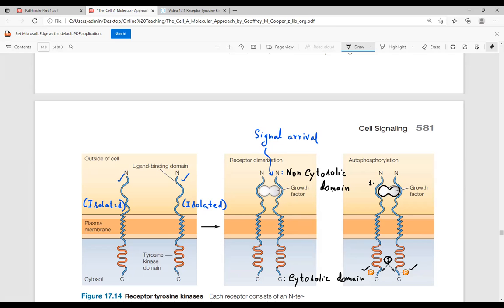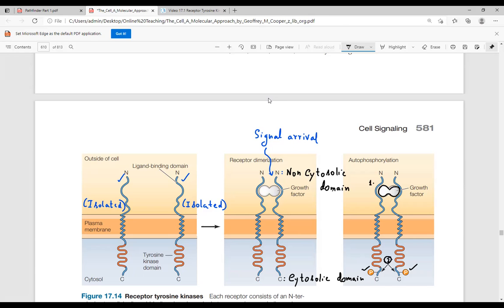This is how receptor tyrosine kinases, or the RTKs, act. Now, what are the effects which are produced upon the binding of these receptor tyrosine kinases?